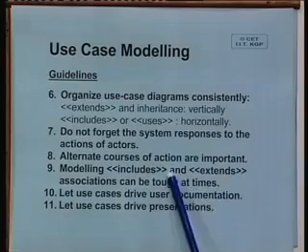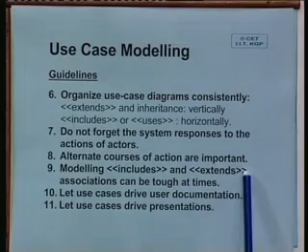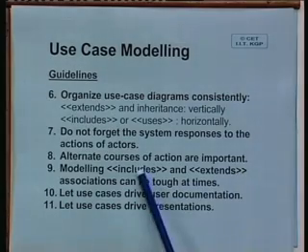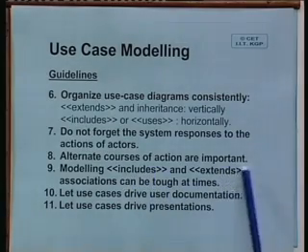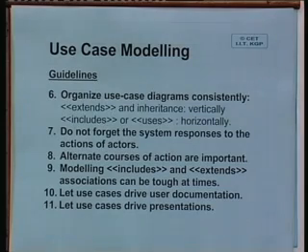Alternate courses of actions are important. This means that credit card payment is not the only payment; there could be cash payments as well, and that also has to be identified.